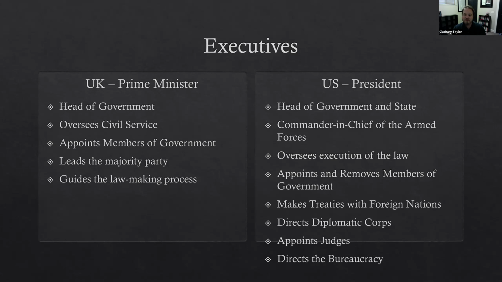One of them is the head of government, one of them is the head of state. So even though we see that echoed in a lot of different countries, the way that the two may interact will still vary by country and give us a good point of comparison to talk about why certain countries are certain ways.